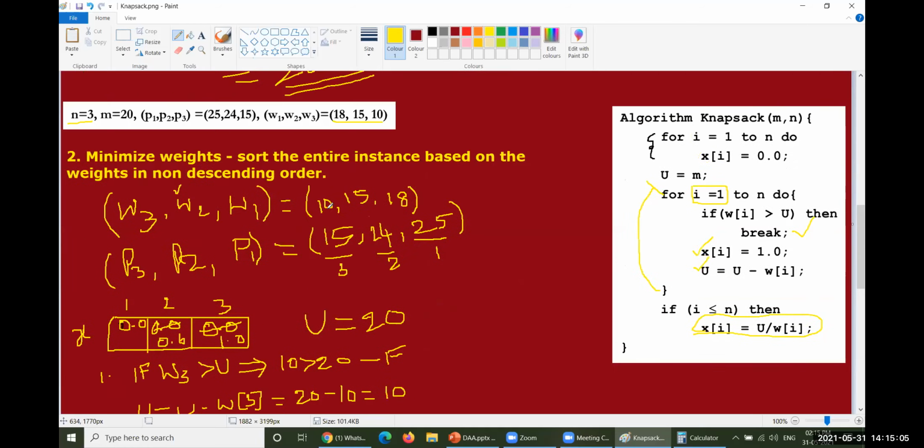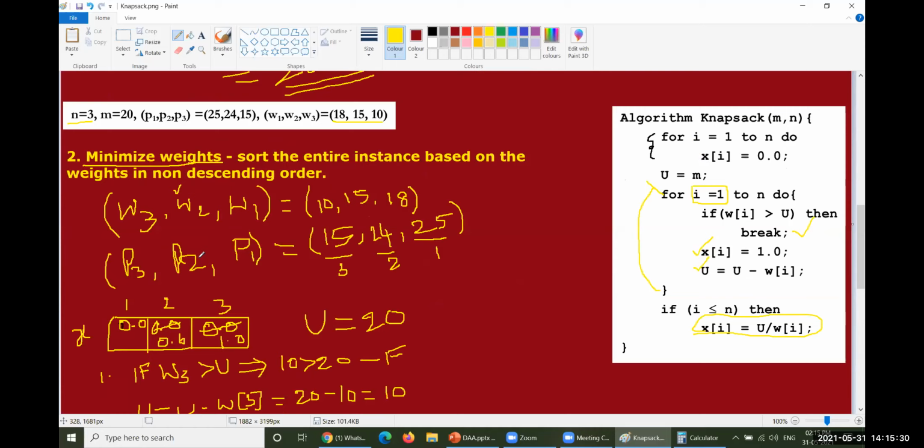If you follow the second one, minimize weights, we take this one. Weights will be taken: first the minimum weight is placed into the bag, then the second, then the third, and so on, up to the satisfaction of the objective function, that is the weight placed into the bag must be less than or equal to m.